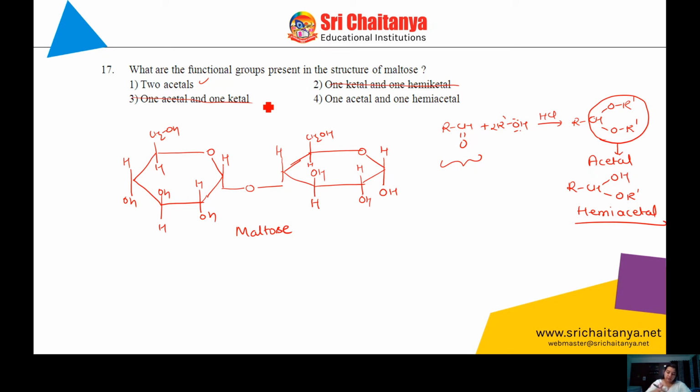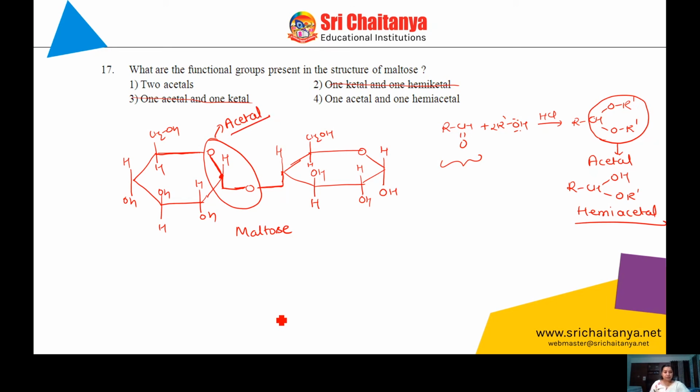Now let me see what it is. This is the carbon having 2 oxygens. Both oxygens are further connected to carbon. So see, this is the acetal linkage present in the maltose.